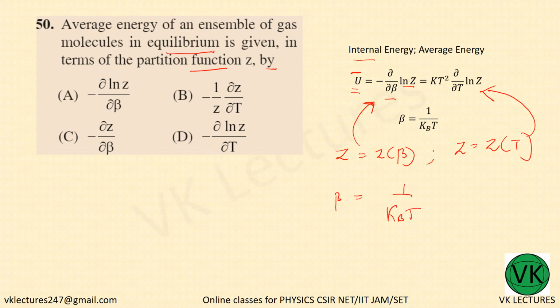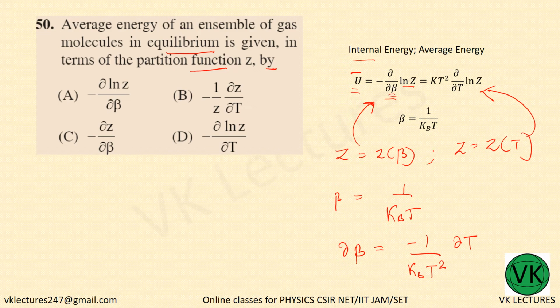Now dou beta is nothing but minus 1 by kB T squared into dou T. Now just substitute dou beta here.